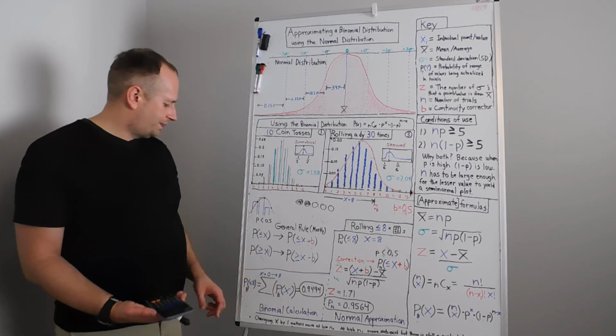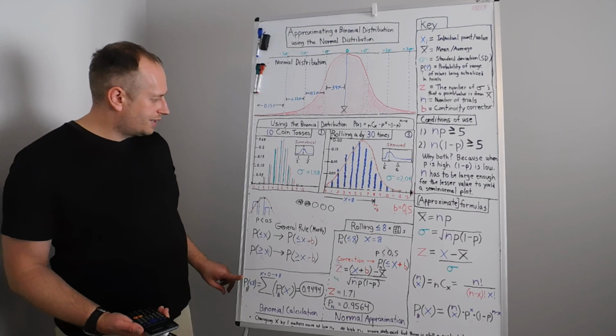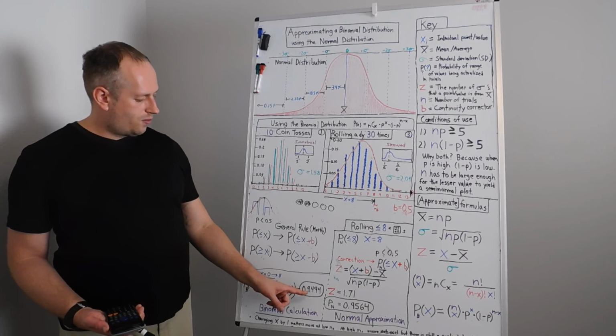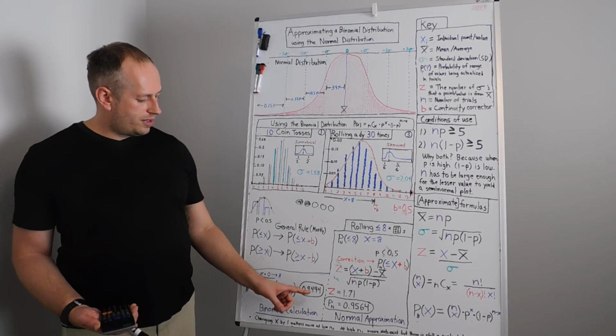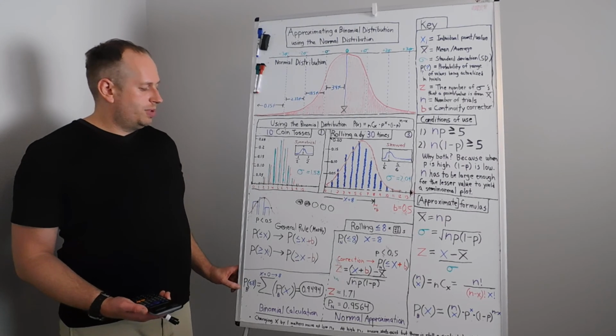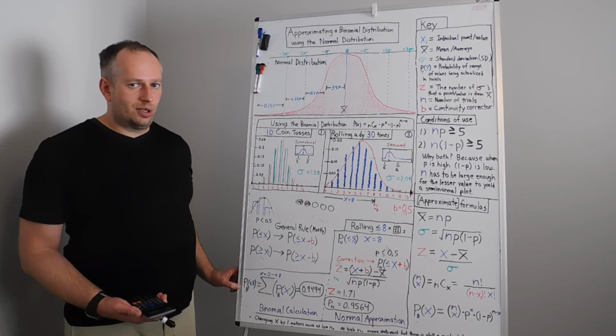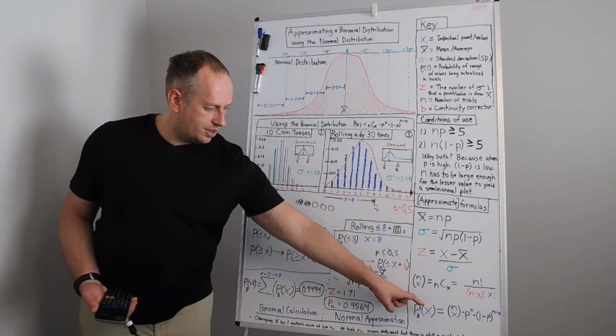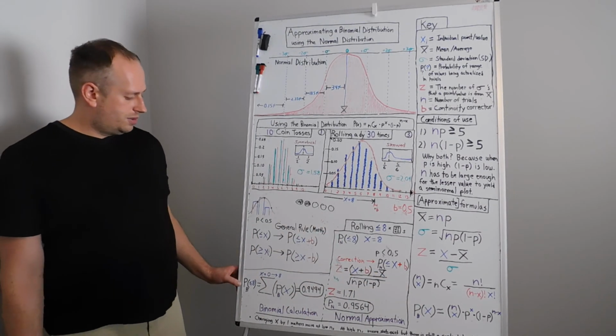So let's check. I did this in Excel, and you get 0.9494 for your value under the exact binomial calculation, which is where you use this formula that I talked about here that's very tedious.